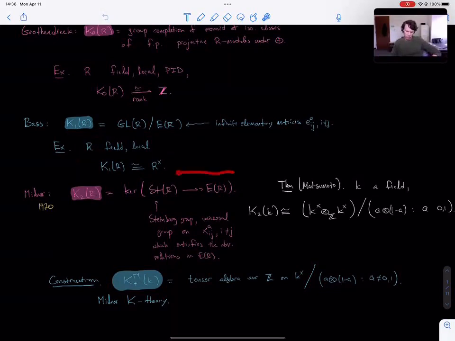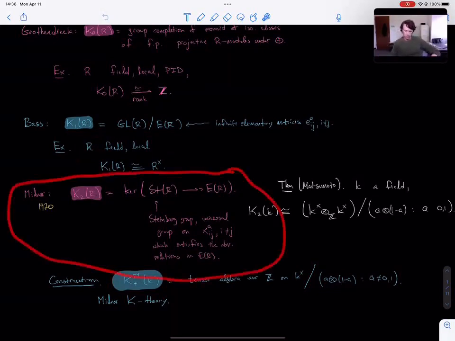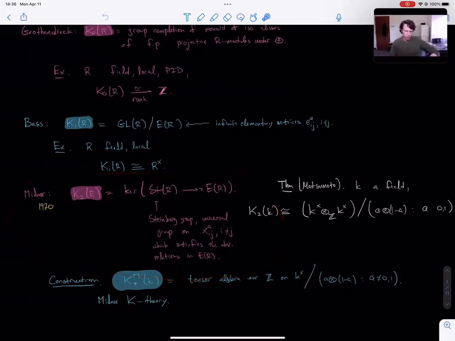I'm giving a little bit of this background. So for K2, we do something kind of related. We look at the group of elementary matrices. And I'm not going to give the exact definition, but you take a free group on formal symbols x_ij(a), where i is not equal to j and a is some element of the ring.